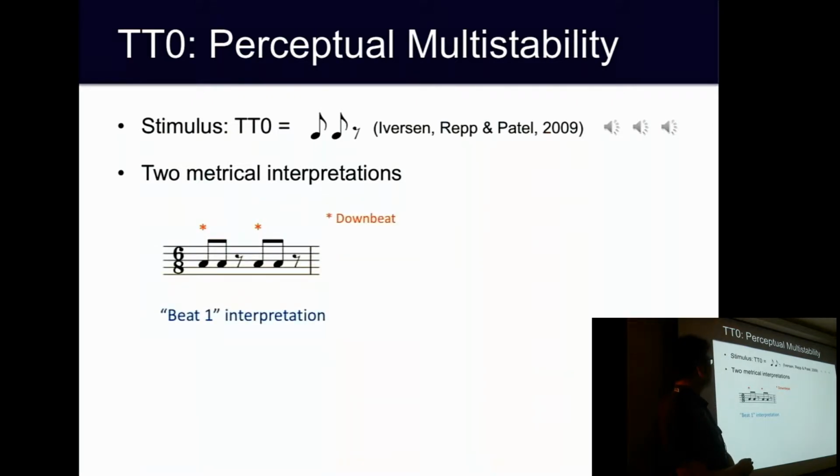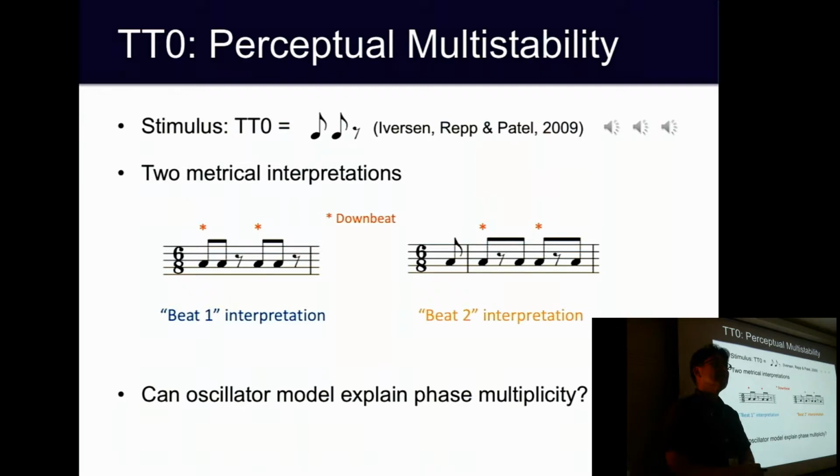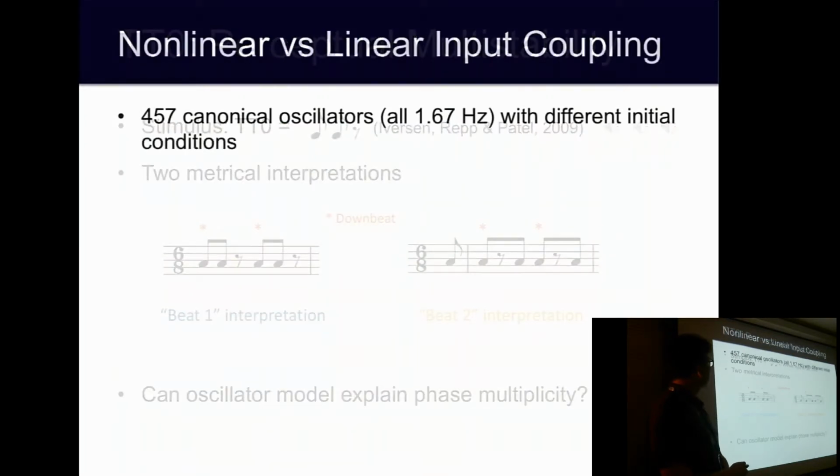You could hear the downbeat on the first onsets, like this, or you can hear it on the second events. They're physically the same, but you can have different rhythmic perception. Let's call the first interpretation the beat 1 interpretation, and the second one the beat 2 interpretation. The question is, can oscillator models explain this perceptual bistability?